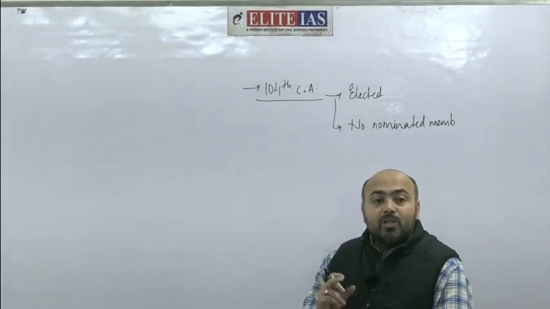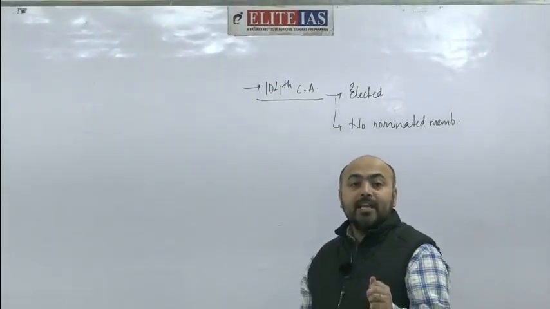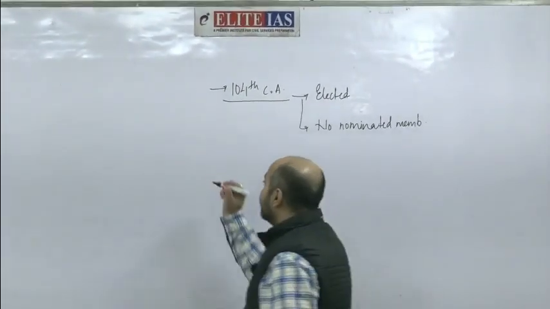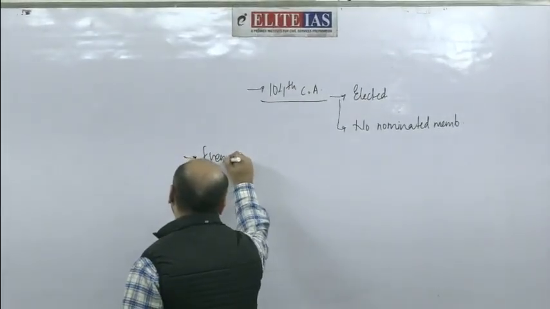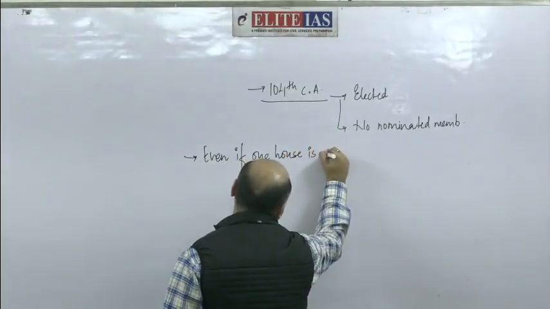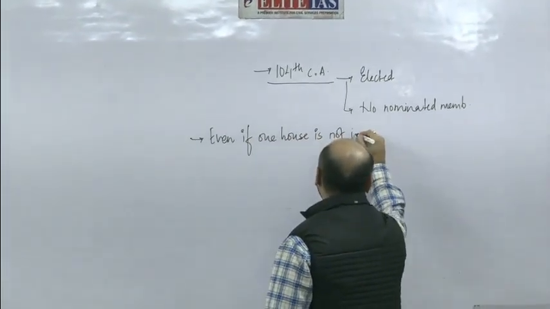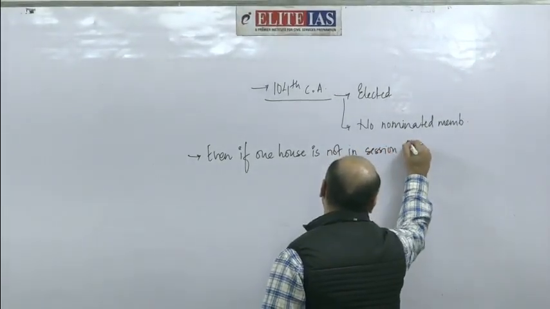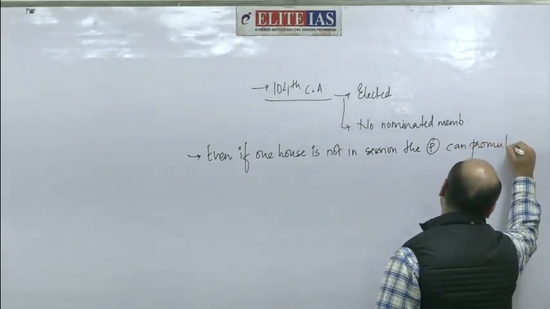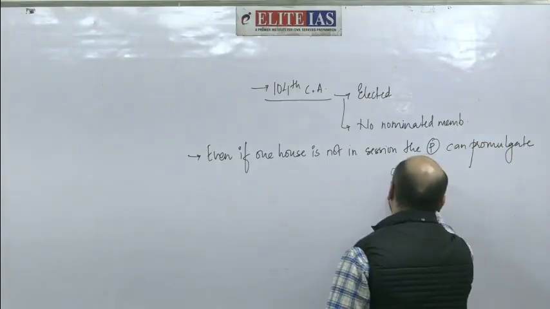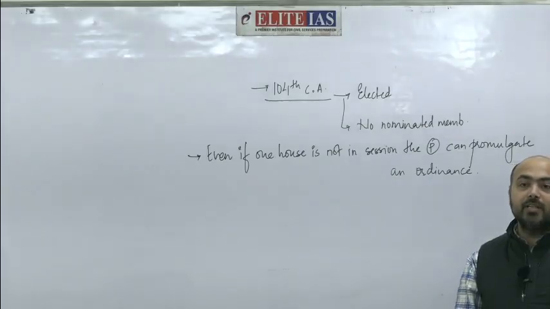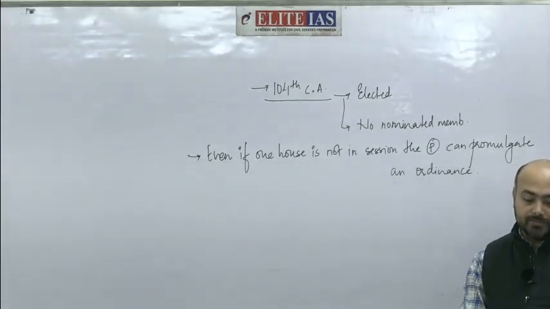That is, even if one house is not in session, the president can promulgate an ordinance. Clear?